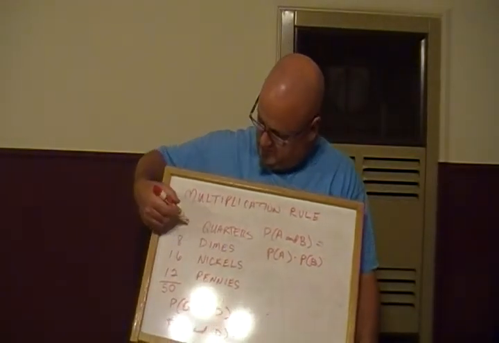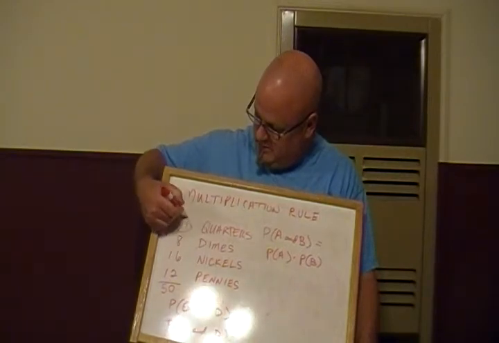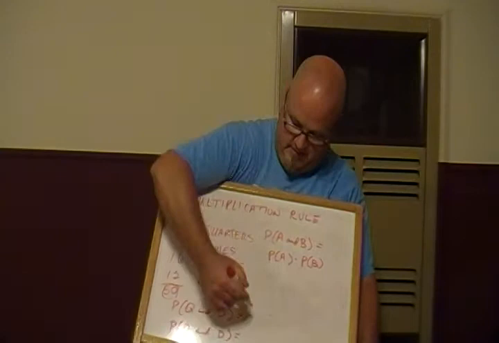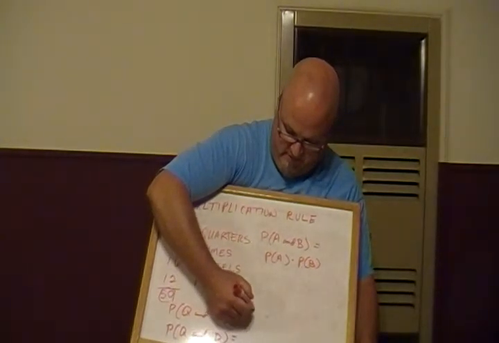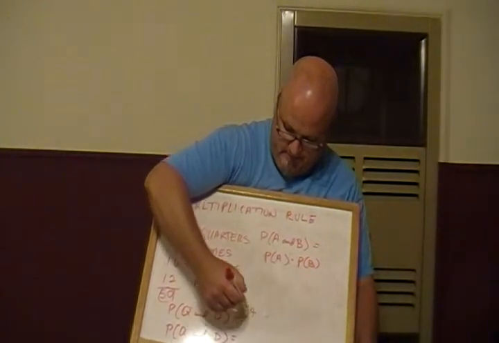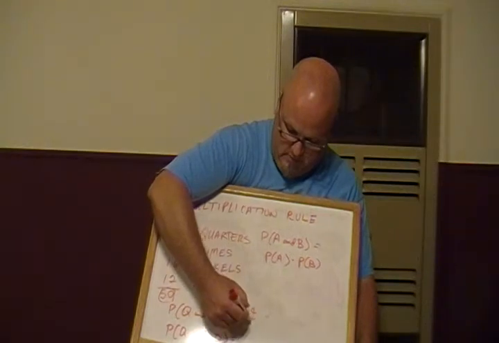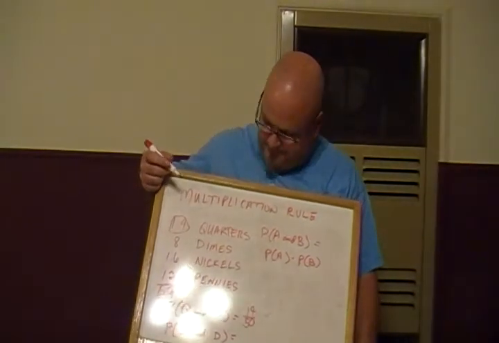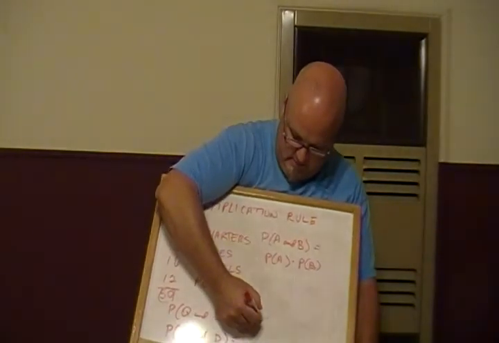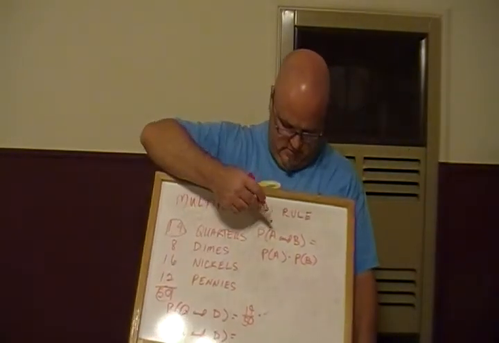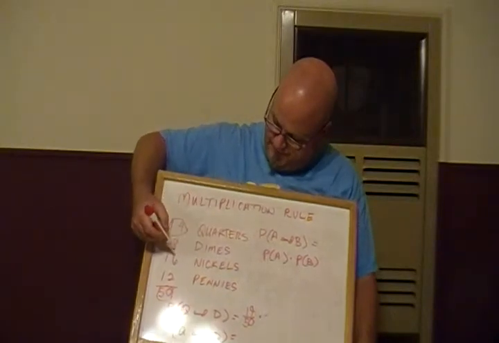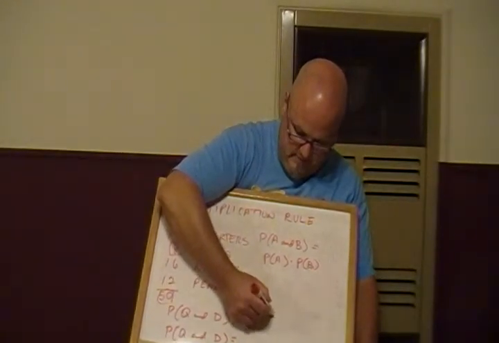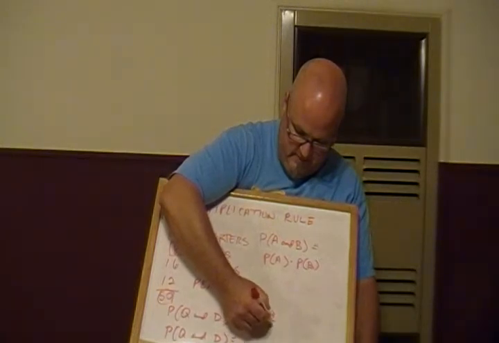The probability of choosing the quarter is 14 over the sample space of 50, so 14 over 50, multiplied by the probability of a dime, 8 over 50.